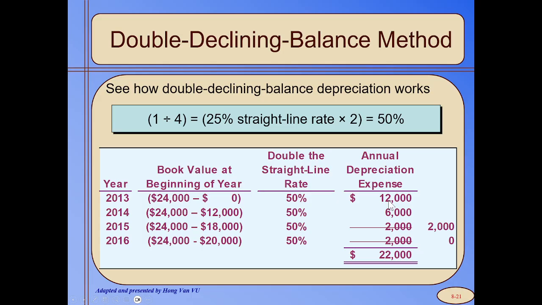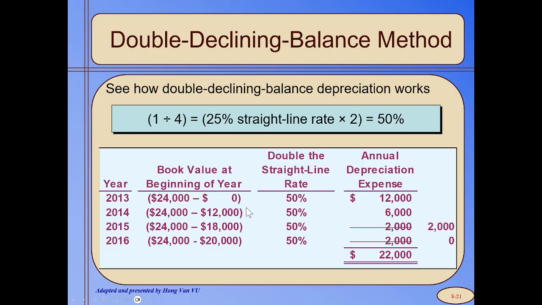Notice that at the end of the asset's useful life, we have over-depreciation. Its cost is less than the salvage value. The maximum depreciation we can take here is 20,000.